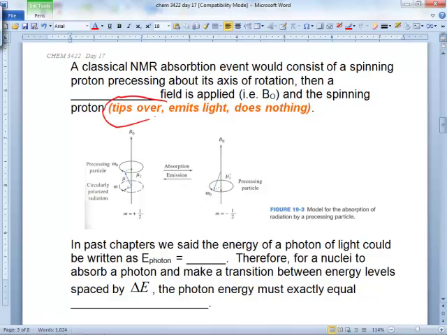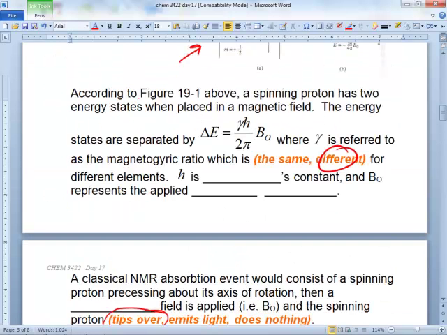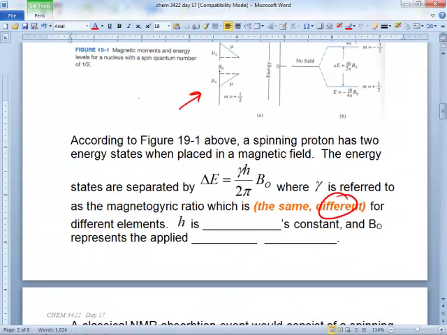Right? Okay. How many states does it have? 2. Right? So within its ground state, apply magnetic field, it tips over. Now you can't just apply just any magnetic field, right? Don't things have to match? Yeah, things have to match. You can't apply any field you want. Okay.